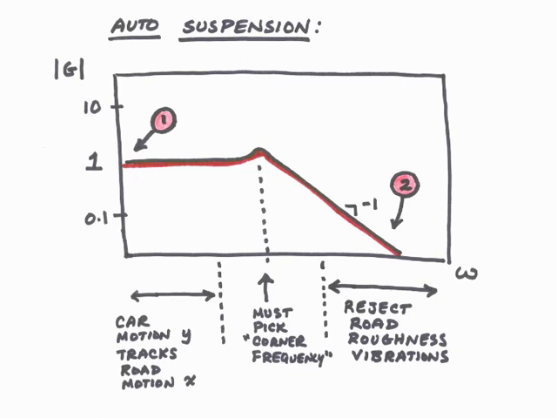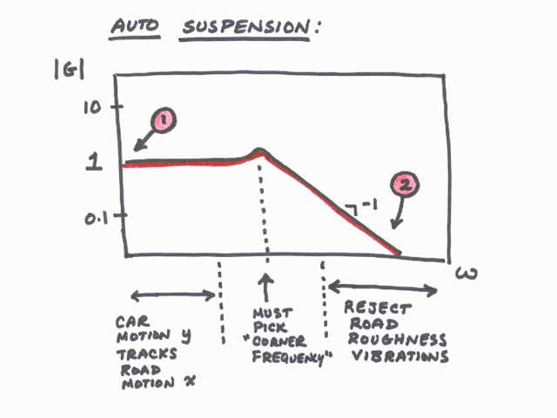Those goals are translated to the frequency response curve for the automobile suspension system, as shown here. At low frequency, we want the DC gain to be 1, so that the car body motion tracks the road's motion. At high frequency, we want the car's body not to respond to the roughness of the road. That is, we want the gain of the transfer function to be very low. And this is achieved by having the -1 slope.